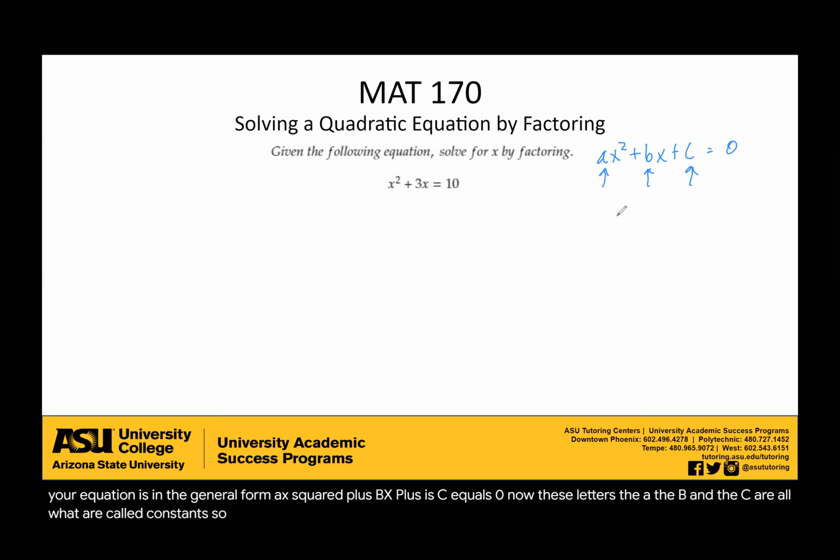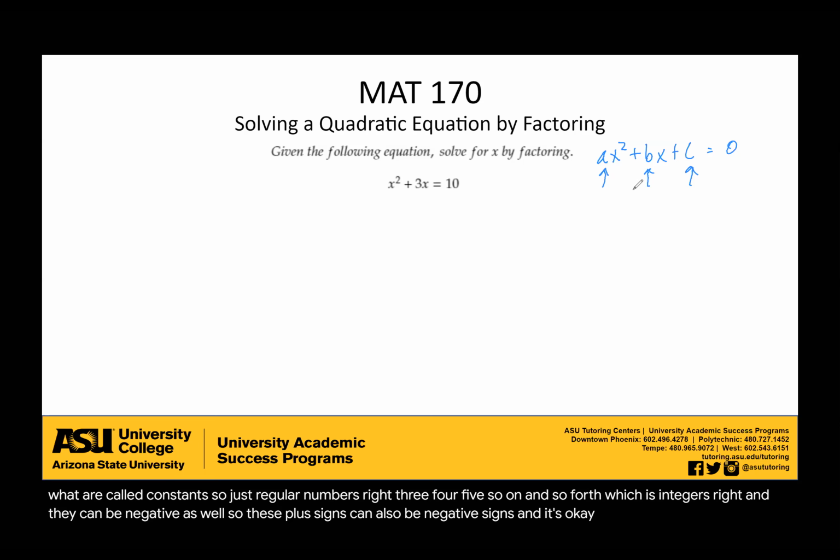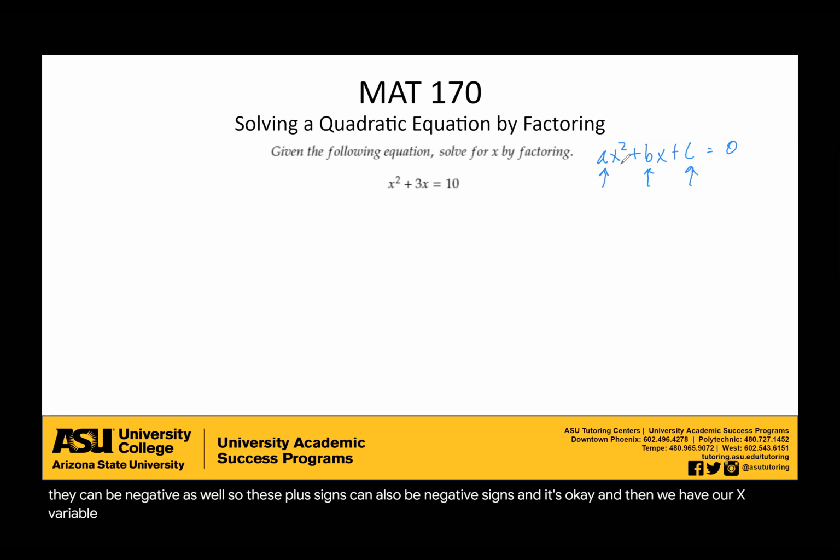So just regular numbers, right? 3, 4, 5, and so on, just integers. And they can be negative as well. So these plus signs can also be negative signs, and it's okay. And then we have our x variables here. So just one variable, x, and then all of this must equal 0.